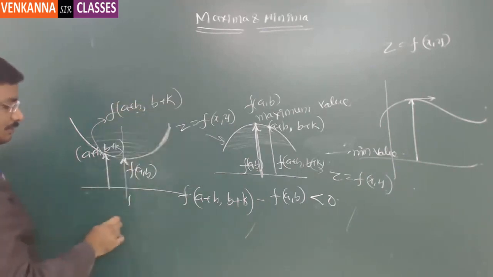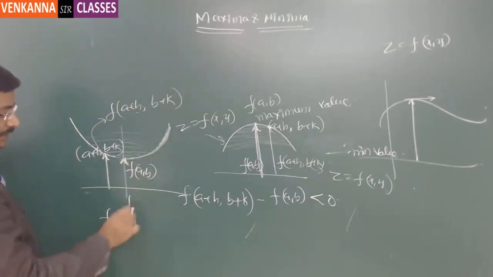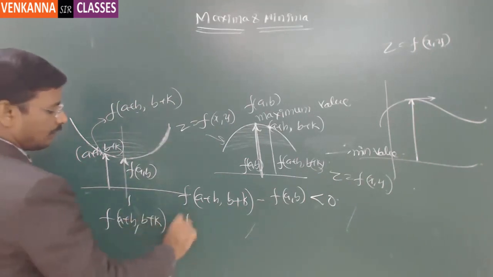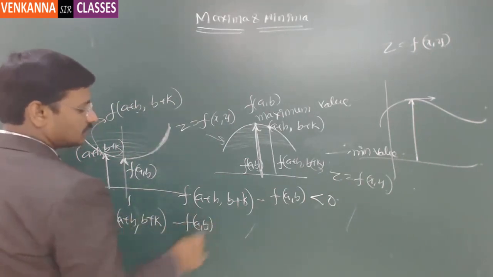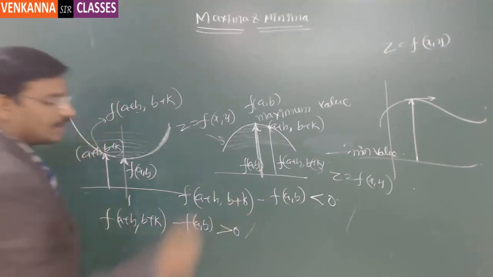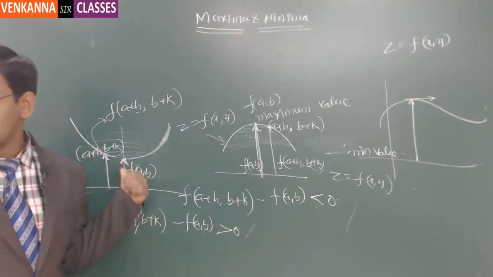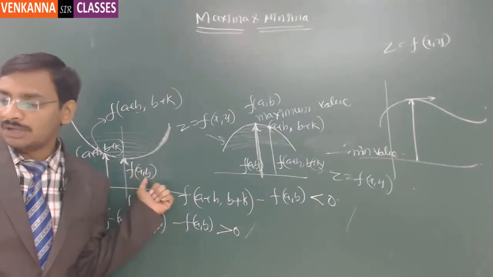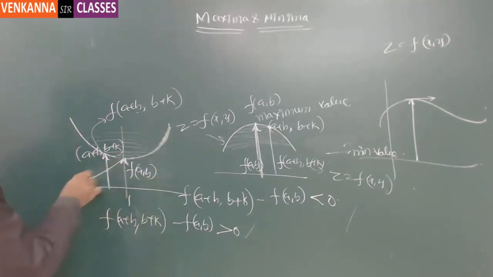If the difference f of a plus h comma b plus k minus f of a comma b is definitely greater than 0, then only we say that f of a comma b is the minimum value at the point a comma b. So this is the point of minimum value.